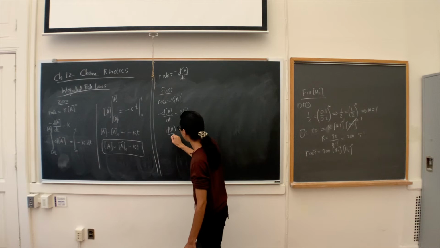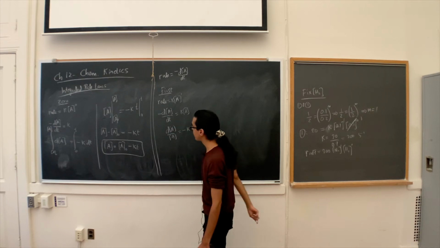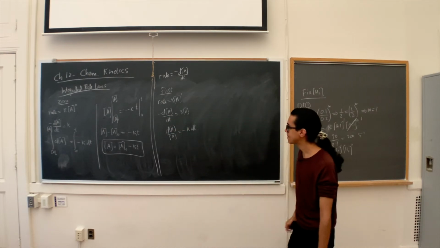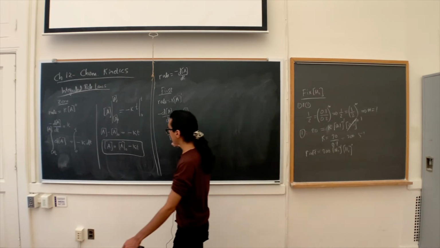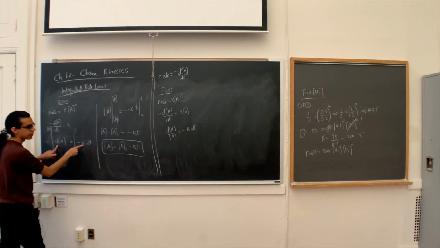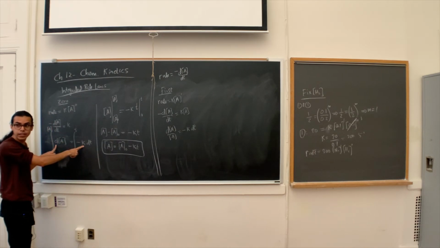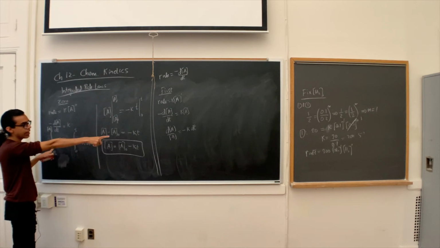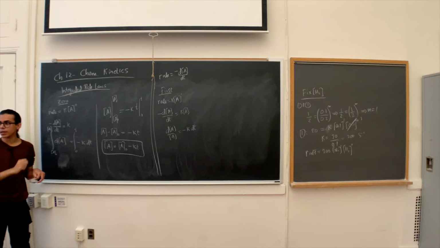So dA over A will be equal to, I'm going to bring the negative over k and the dt over, negative k dt. Compare and contrast, they look pretty much the same, right? There's a dA, there's a negative k dt, but there's an extra A because of the power. We had A to the 1 here.